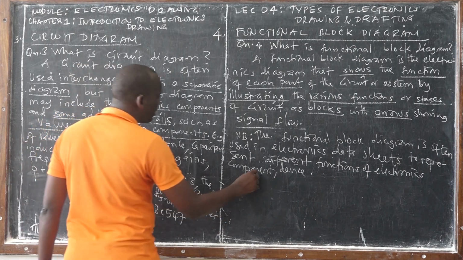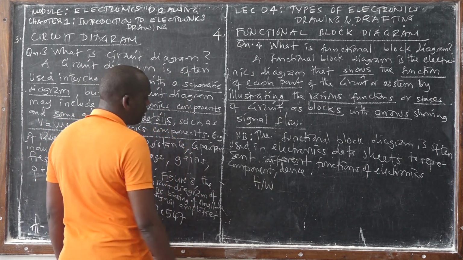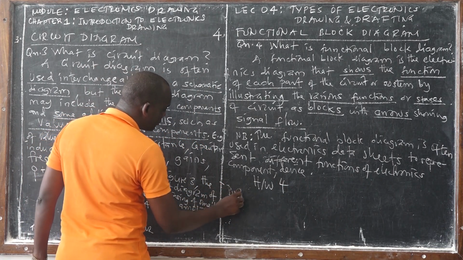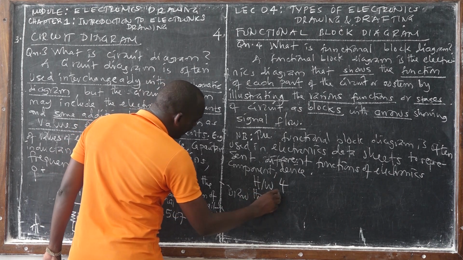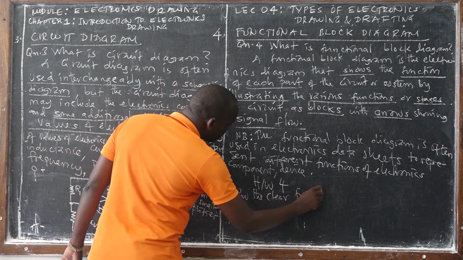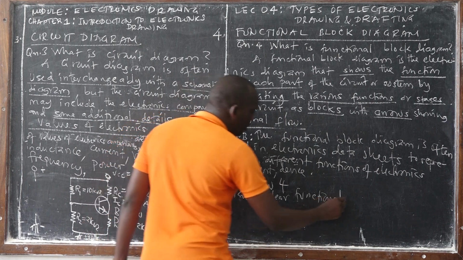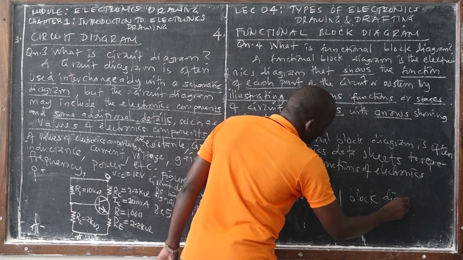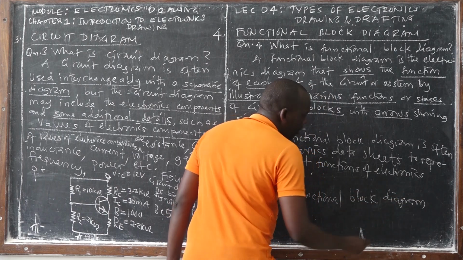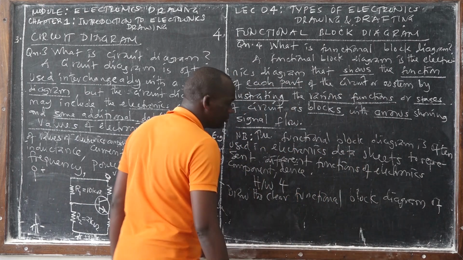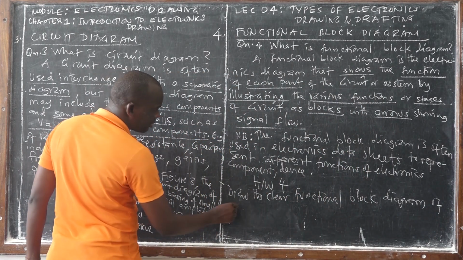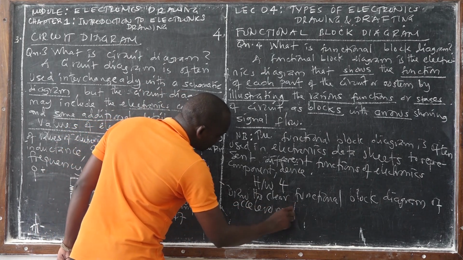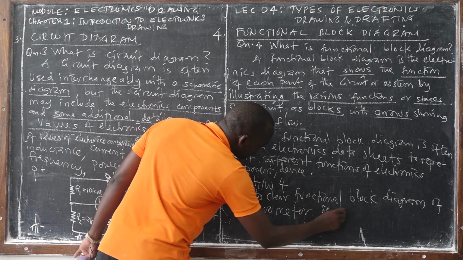So this is the homework. This is homework 4. Draw the clear functional block diagram of accelerometer sensor.